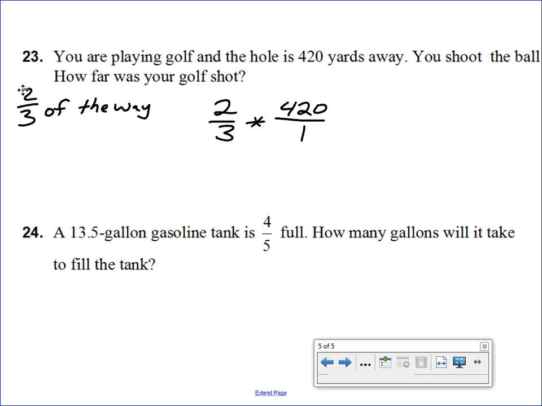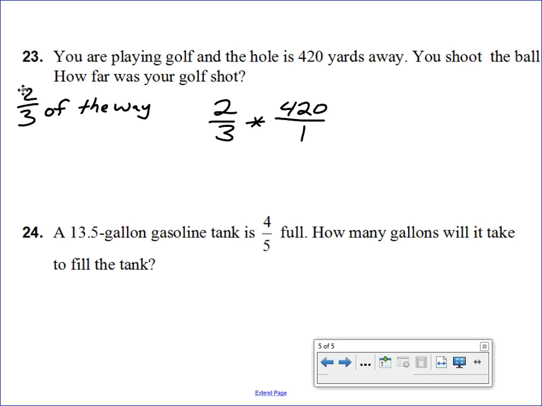Now, we could go ahead and multiply first and then simplify. But I know right now that 3 goes into 420, because the divisibility rule of 3 is you add up the digits, 4 and 2, that equals 6. If 3 goes into the sum of the digits, we know it's going to work.